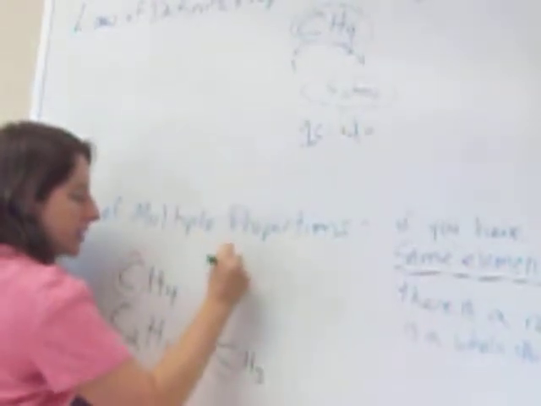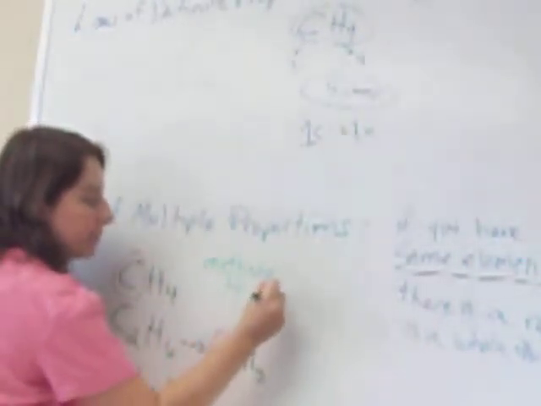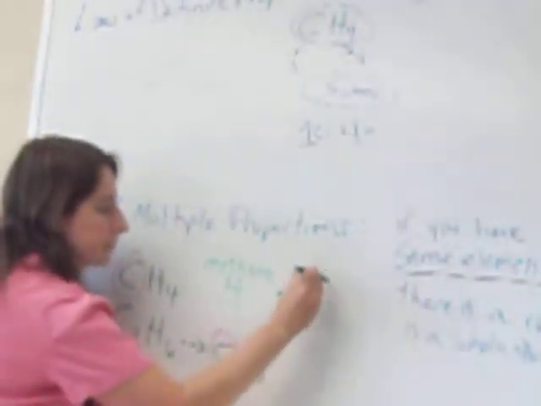Okay, so let's look at the other elements. Well, here, for every 1 carbon, I have 4 hydrogens in methane. And here, this is ethane, so I have 3 hydrogens for every 1 carbon.